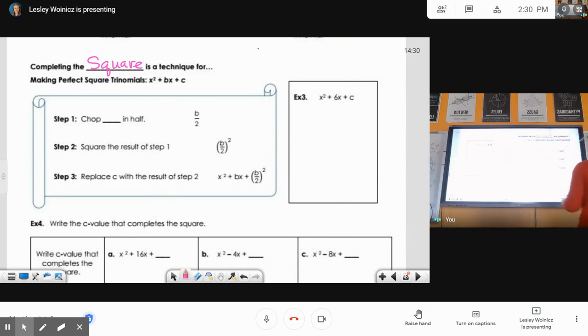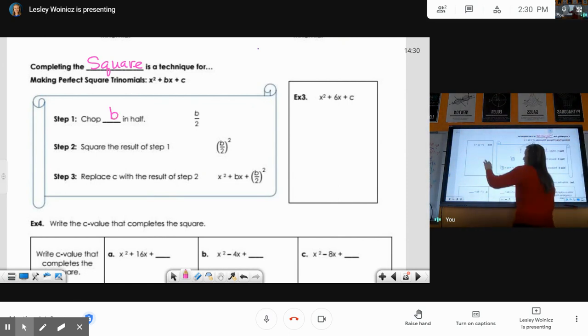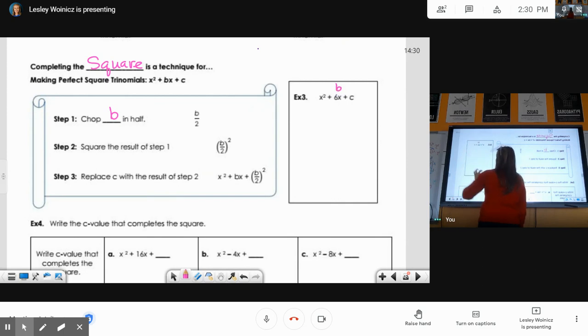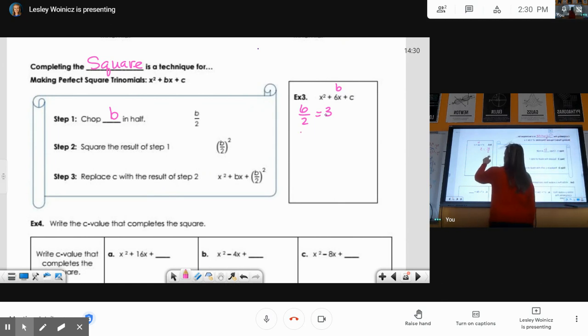Our first step is that we chop B in half. So we find the B. In this example, it's 6. And we take 6 and we chop it in half, divide it by 2. And that gives us 3. Okay, the next step, we have to square the result of step 1. Well, the result was 3, so we just square the 3. And I get a 9.